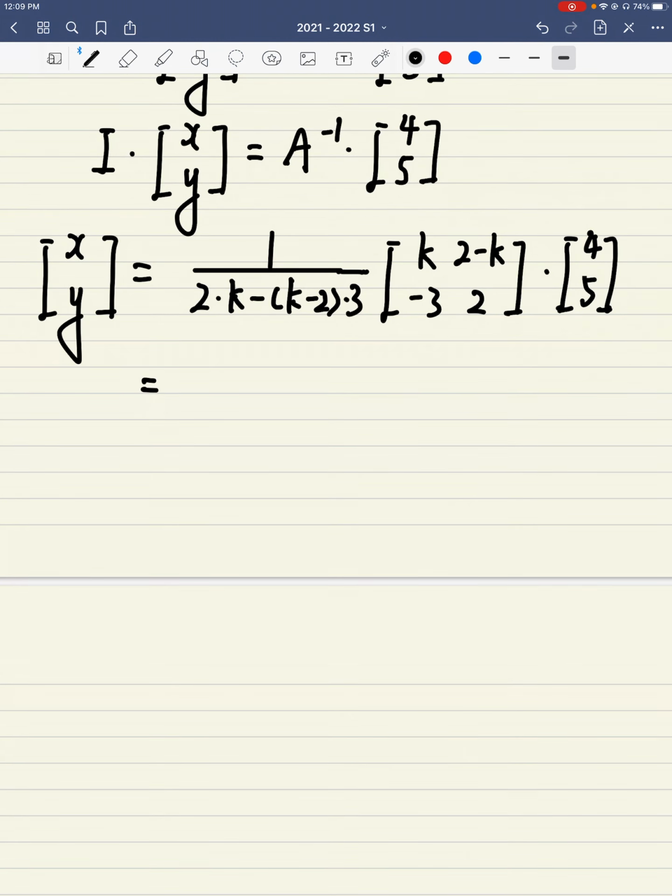So here the bottom is 6 minus k, 1 over 6 minus k.